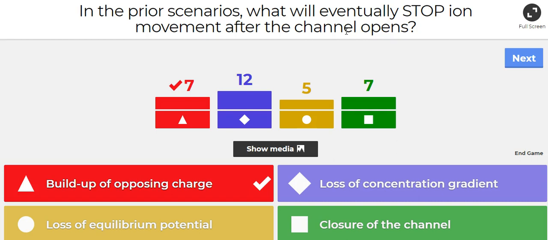Yeah, if the channel could close, I guess that could be a reason. I didn't tell you the channel is gated though. I should have said it's a non-gated channel. But this is what we talked about last time.